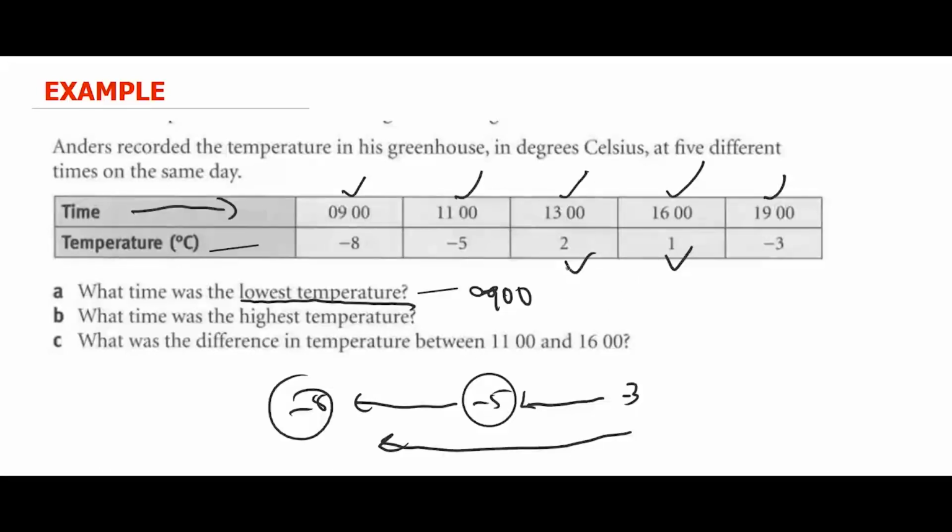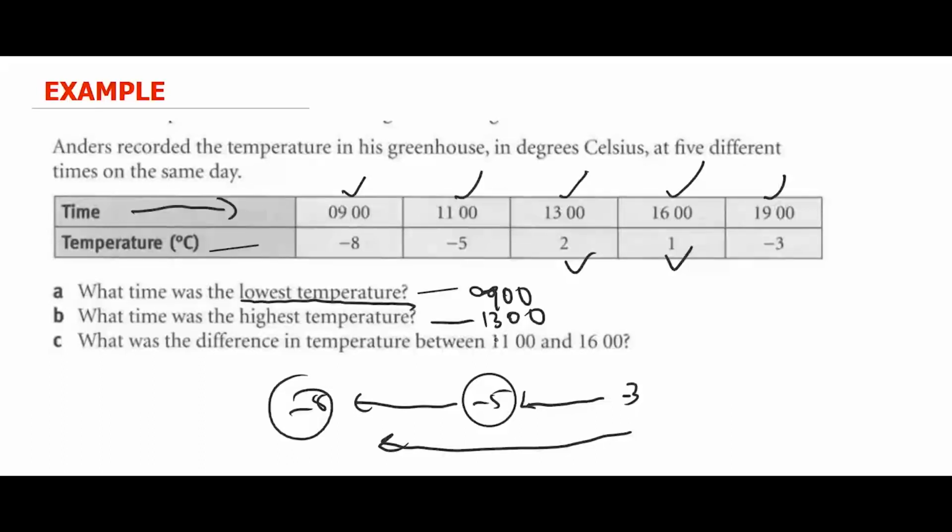So in this case, it is 2. The highest temperature is 2 degrees Celsius, and the time is 1300. That is 1 o'clock in the afternoon.